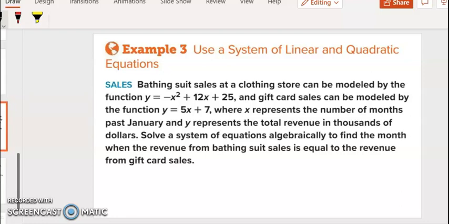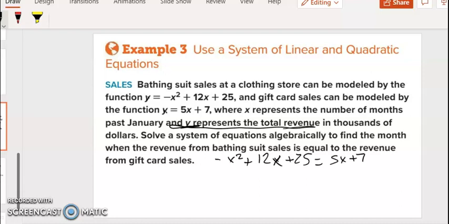Solve a system of equations algebraically to find the month when the revenue from bathing suit sales is equal to the revenue from gift card sales. Now remember, the revenue was the y's. That means these y's have to equal. And algebraically, if we were going to do that, we would set them equal to each other.